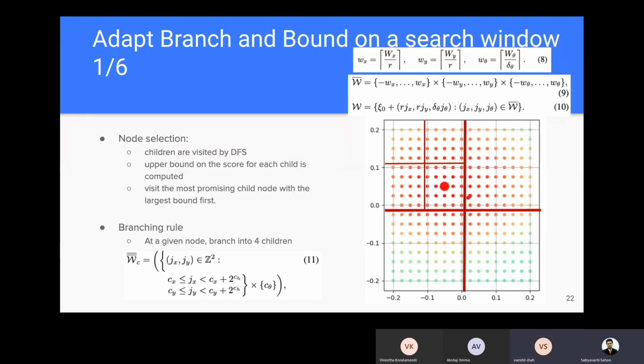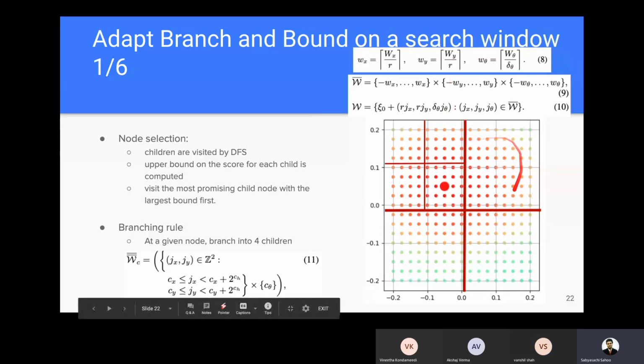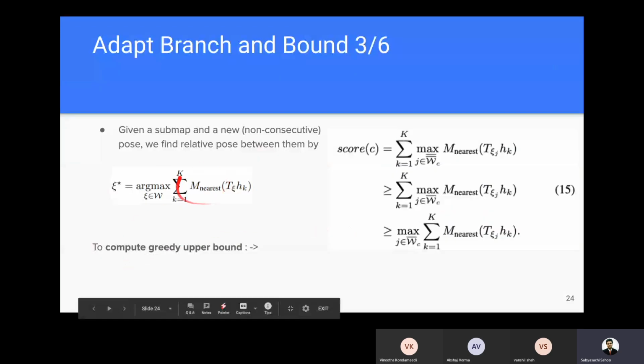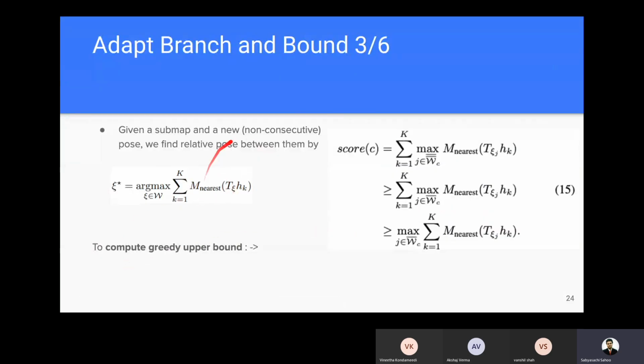Essentially, our goal, for each partition, is to find which pose can give us the maximum value, so that serves as our scan matching value.